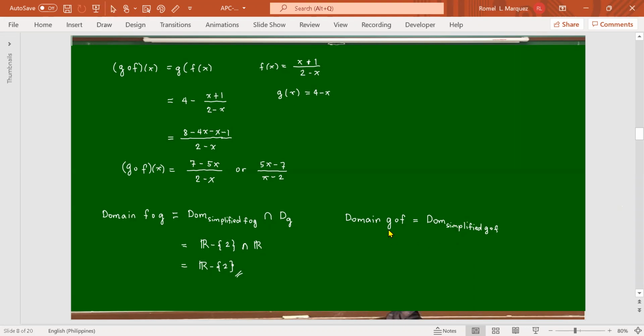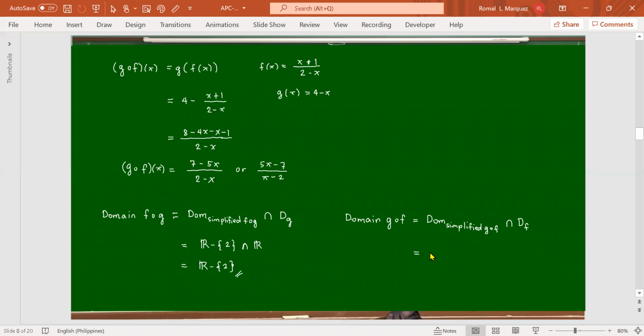So again, the domain of G circle F is equal to the domain of the simplified G circle F intersection with the domain of the F this time. Because what we inserted inside is what? Is the f of x, okay?